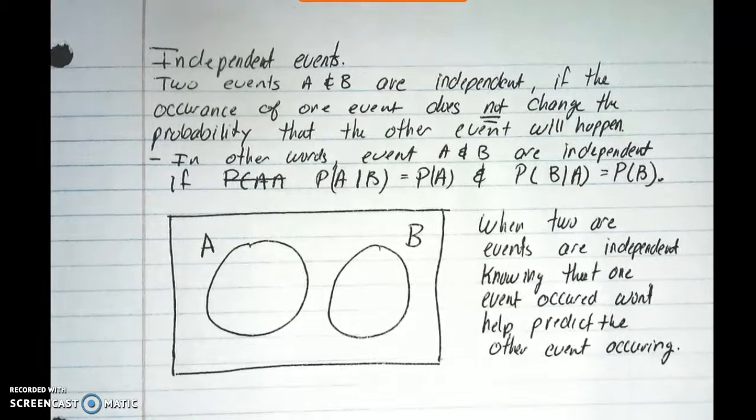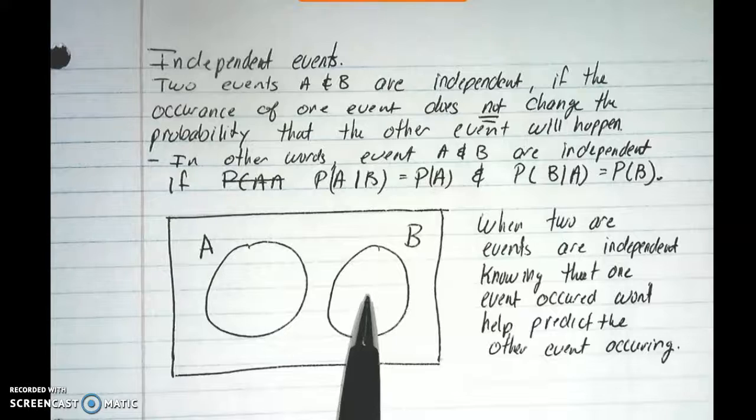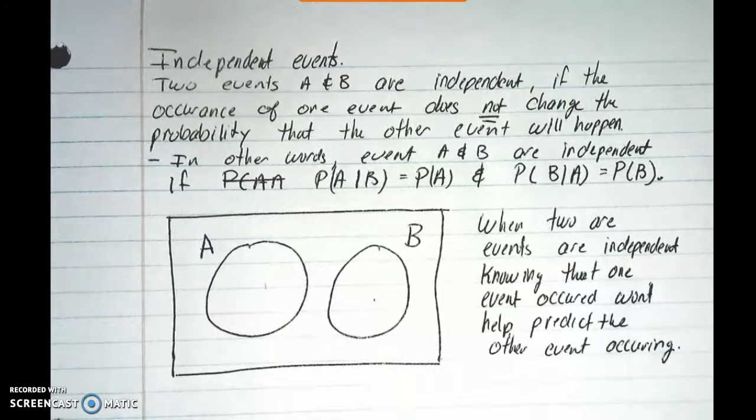So if I know that B's happened, it's not going to help me predict A. That way we know that they're independent.